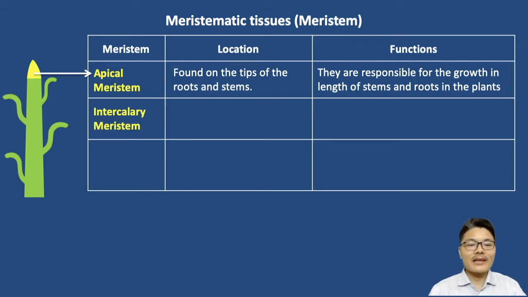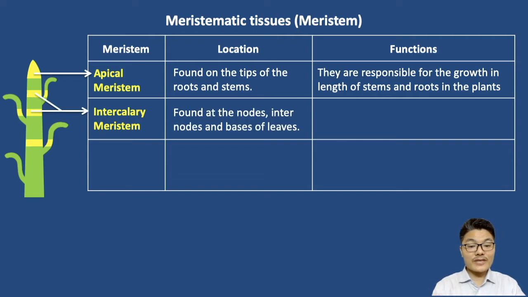A second type of meristem is intercalary meristem. Inter means in between. So intercalary meristems are usually found at the nodes or in between the nodes, in between the internodes. So nodes and internodes, at the region where there is growth of leaves, we also find intercalary meristem.